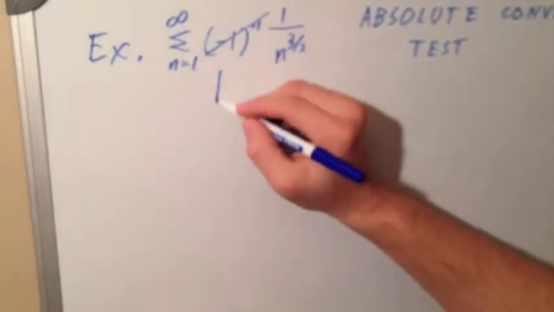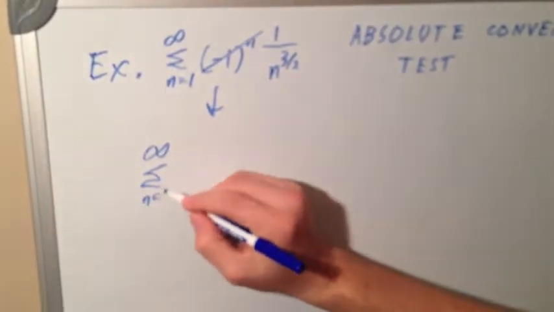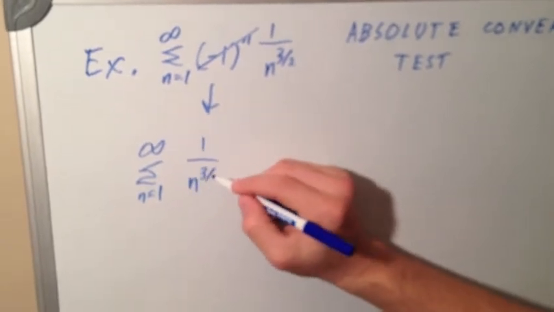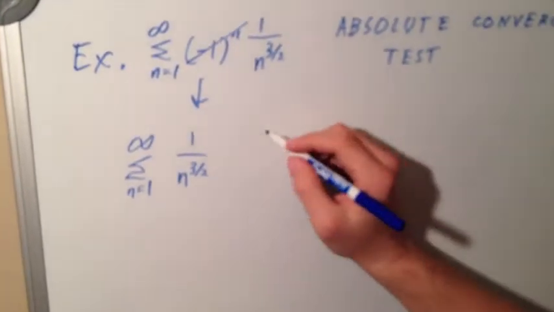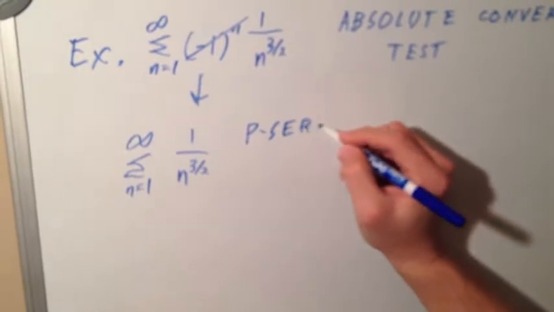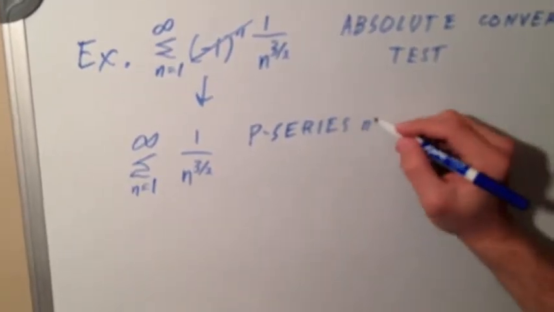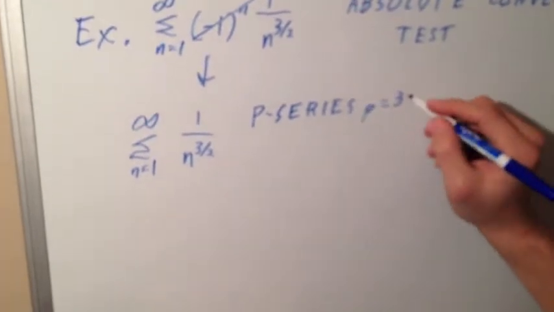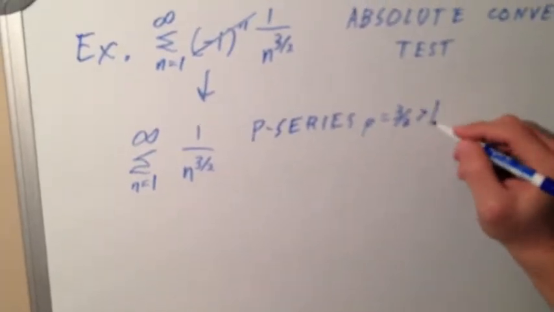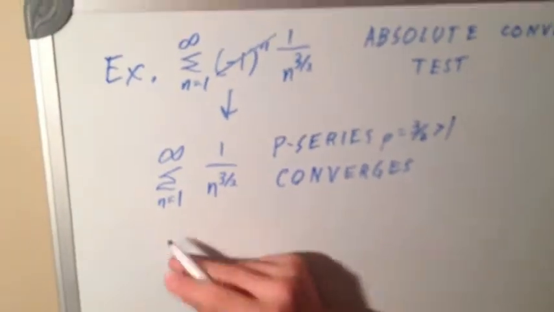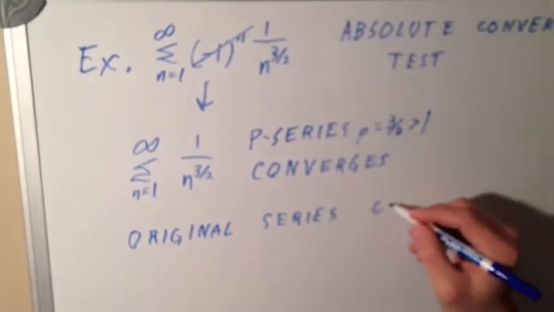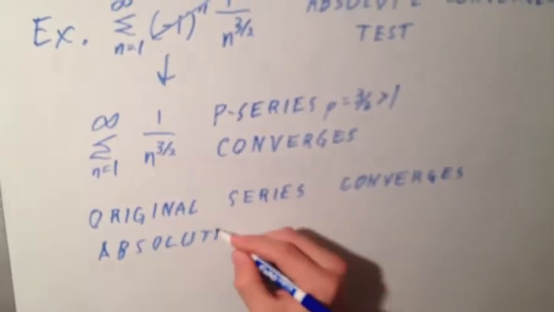To start this test, we'll take the absolute value of our series, getting rid of the negative 1 to the nth power. We know that the sum of n equals 1 to infinity of 1 over n to the 3 halves is a p-series. In this case, p equals 3 halves, which is greater than 1. So this series converges, meaning our original series converges absolutely by the absolute convergence test.